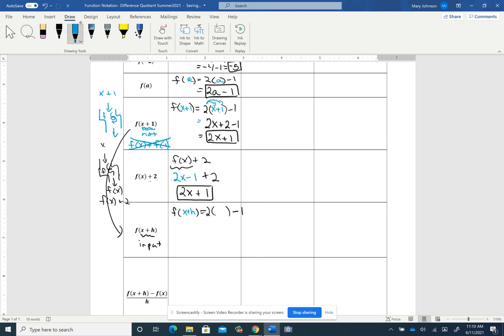In this case, your input is x plus h. So now that is 2 times that quantity, so we distribute. We wind up with 2x plus 2h minus 1, but none of those are like terms, so you can't go any further. That would be your final answer.